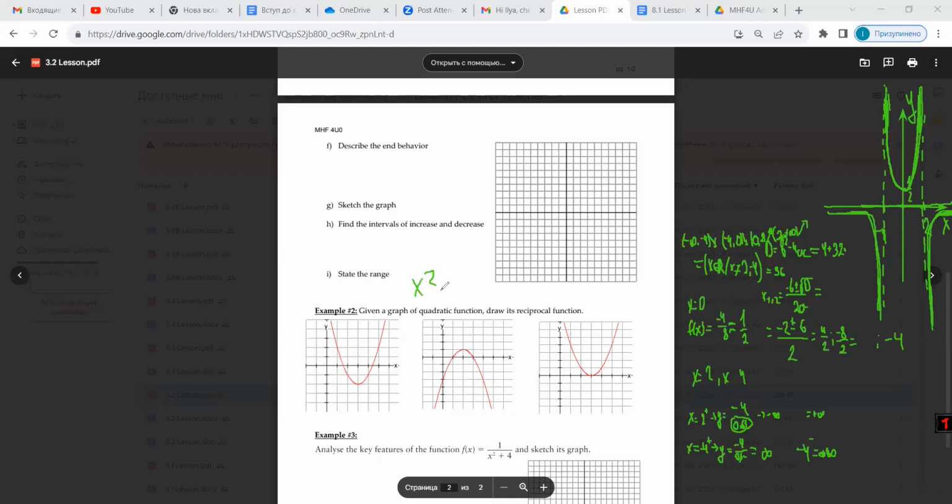So it's going to be ax squared plus bx plus c. You have to find a, b, and c. This is what you were supposed to learn in the previous classes, as well as grade 11, maybe. So what you have to do is draw its reciprocal function.